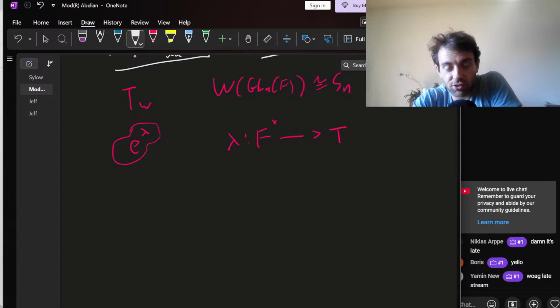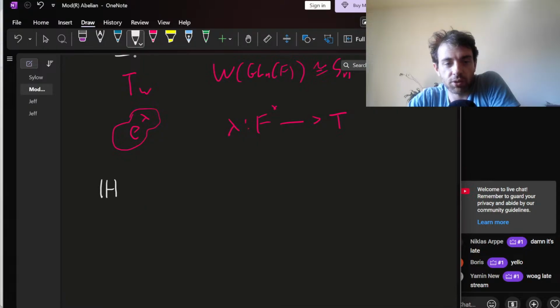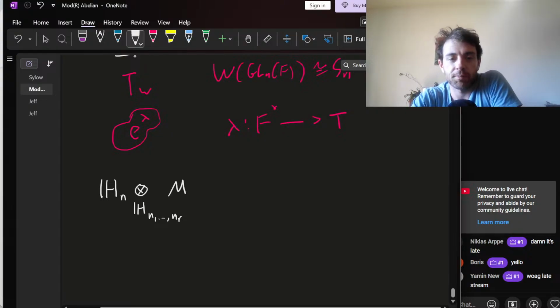The kinds of Hecke algebras I want to compute are generally of the following form. There's a Hecke algebra of some GL_n, and then there's a Hecke algebra of a Levi, which is really just a tensor product of a bunch of smaller GL_n's, and then tensoring up some module over there.